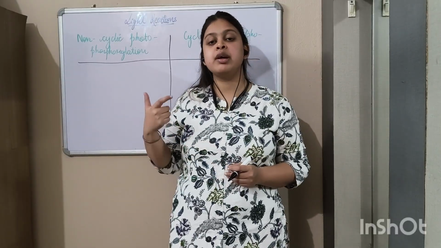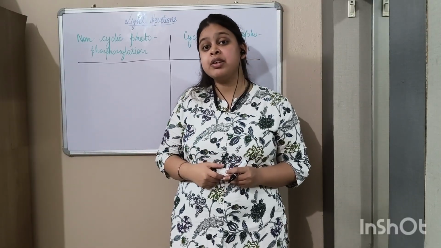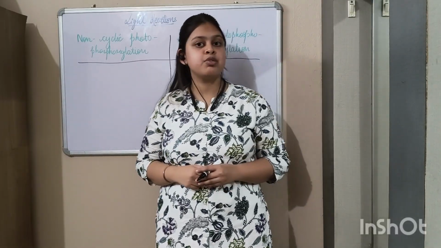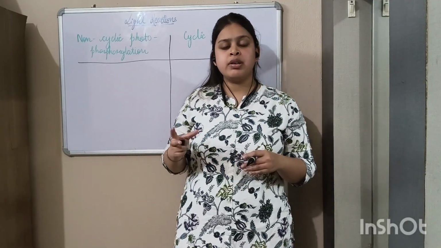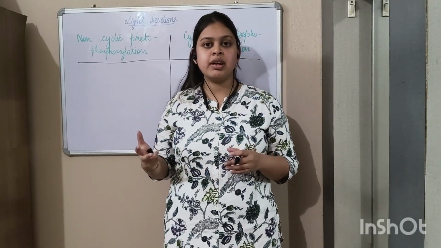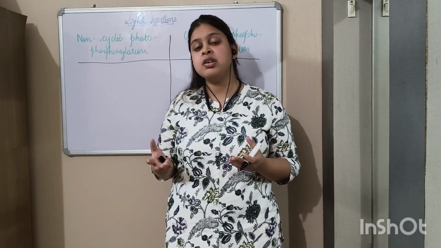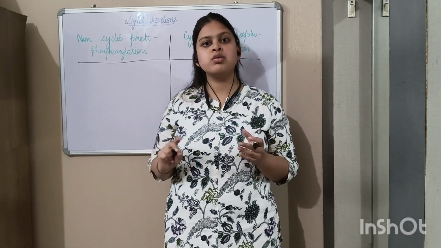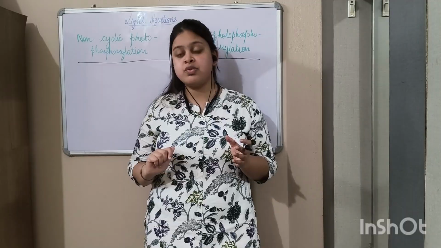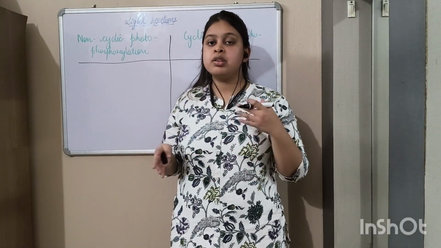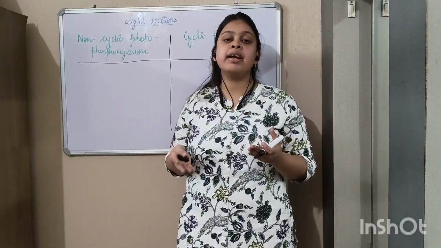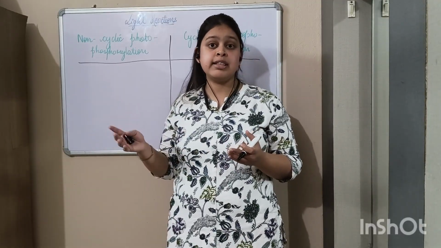In photosystem 1, the absorption maximum is 700 nanometer, and in photosystem 2, it was 680 nanometer. Photosystem 1 was involved in both the non-cyclic and the cyclic photophosphorylation, whereas photosystem 2 was only involved in the non-cyclic photophosphorylation. We also saw the structure and how the non-cyclic and the cyclic photophosphorylation take place.